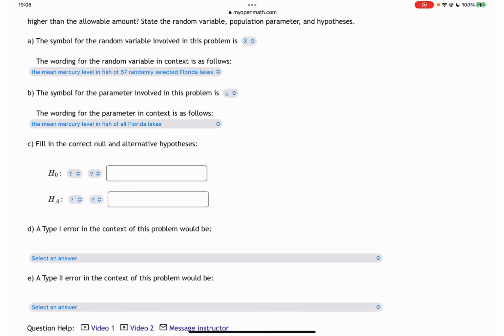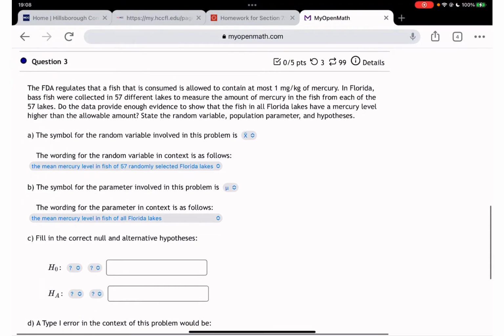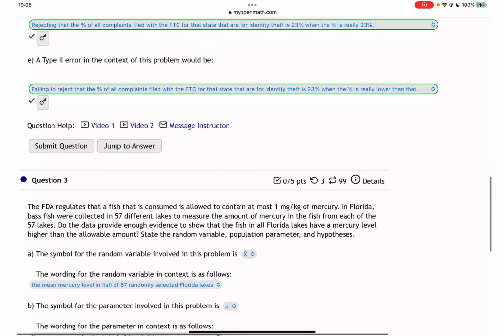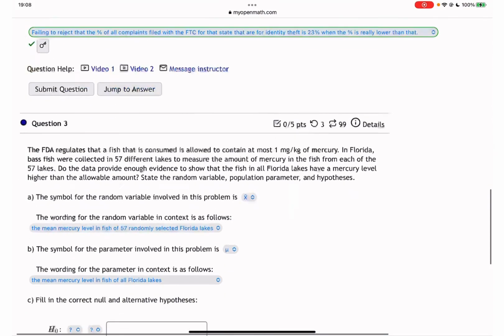Question C, let's see what we have. Null hypothesis and alternative hypothesis. The FDA regulates that the fish consumed is allowed to contain at most 1 milligram per kilo, meaning it's going to be maximum.